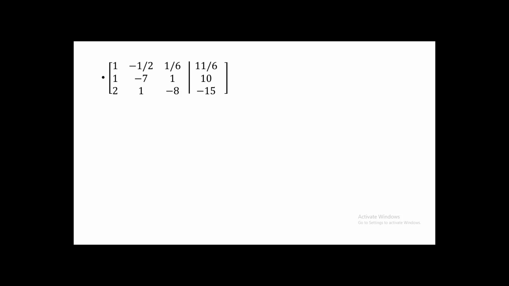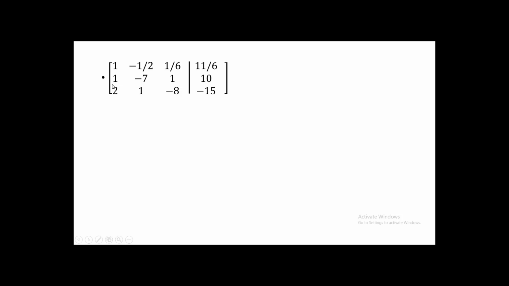When I divide by 6, this becomes 1, minus 1 by 2, 1 by 6 and 11 by 6, and I'm going to multiply the whole row by 1 by 6. Now the pivot position is 1 and the entries below the pivot position should be 0.